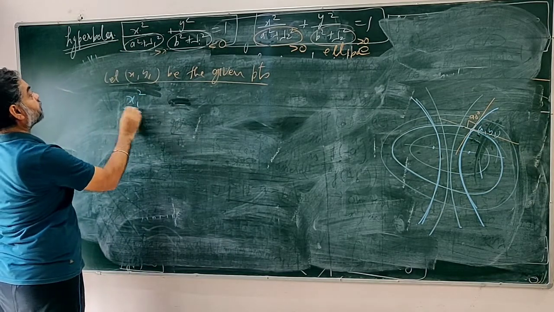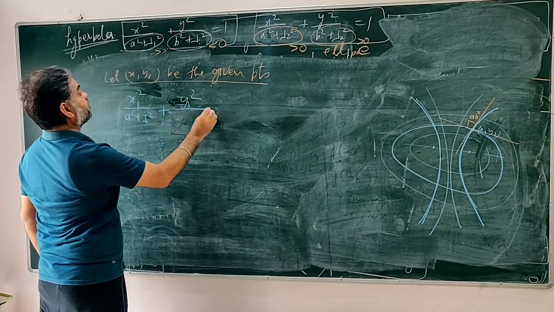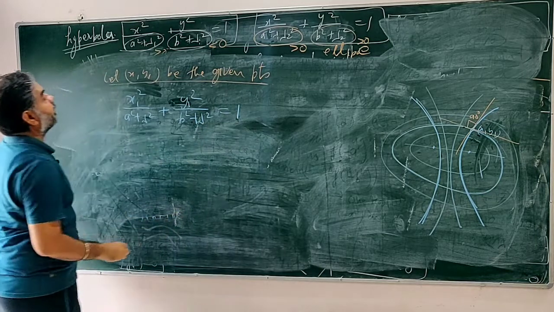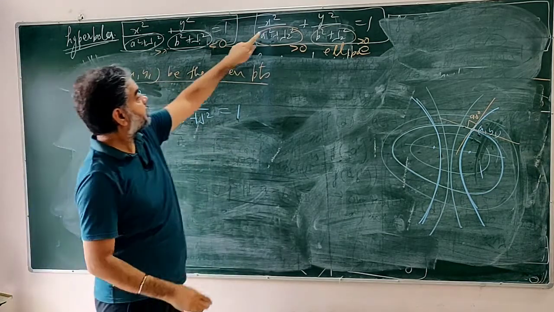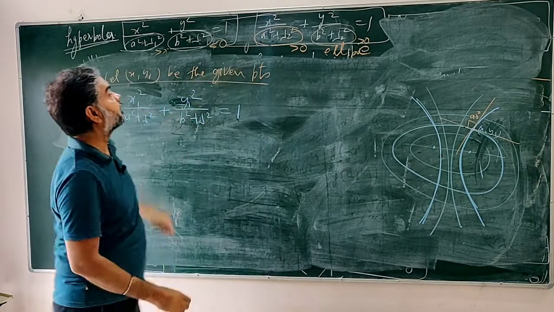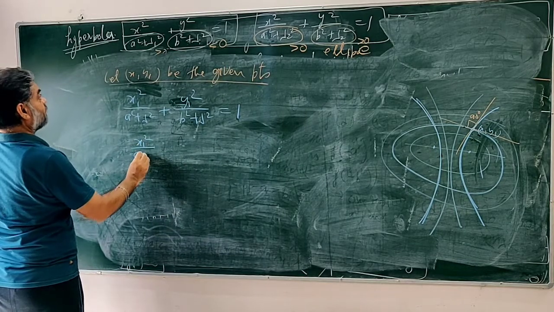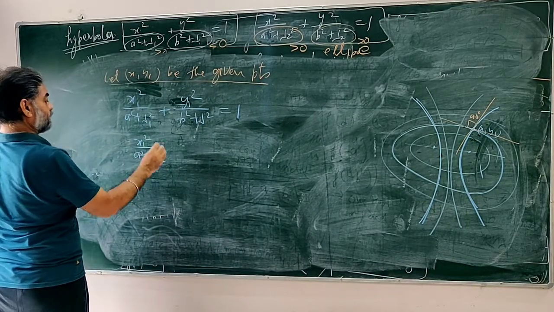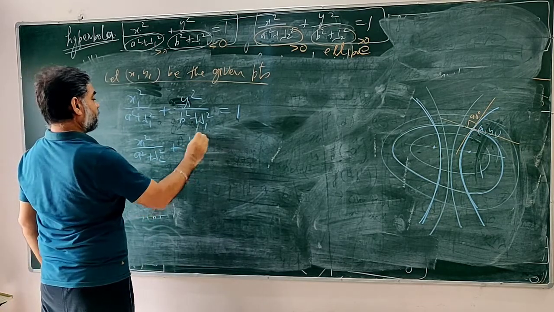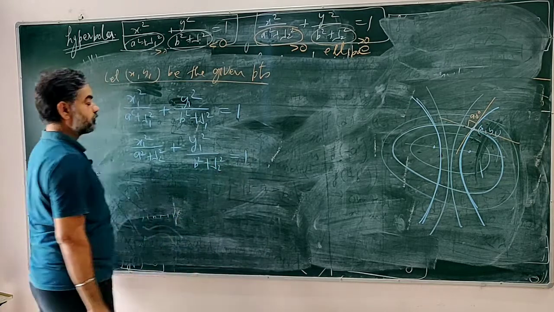This means x1 square over a square plus lambda 1 plus y1 square over b square plus lambda 1 is equal to 1. The other conic also passes through this point, so x1 square over a square plus lambda 2 plus y1 square over b square plus lambda 2 is also equal to 1.